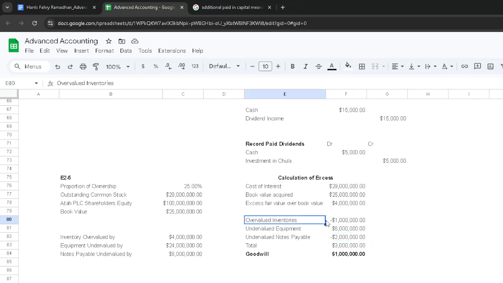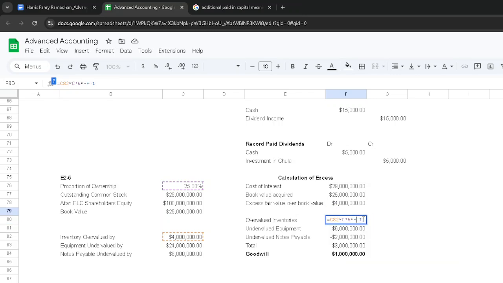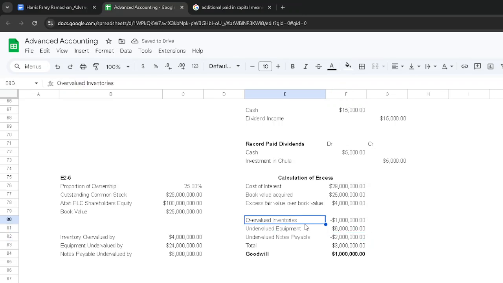Now you notice that there are values in negative numbers, and a couple in positive. Only one in positive numbers actually is the undervalued equipment. So let's start. The inventories, in this case, are overvalued by 4 million. This means that we actually have fewer assets than what we think we have.